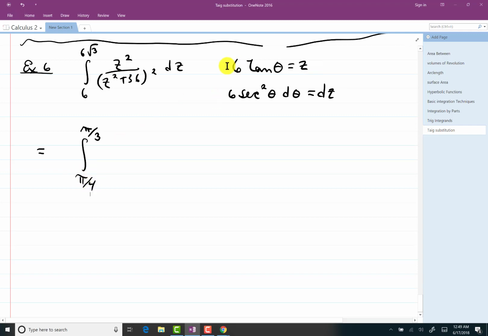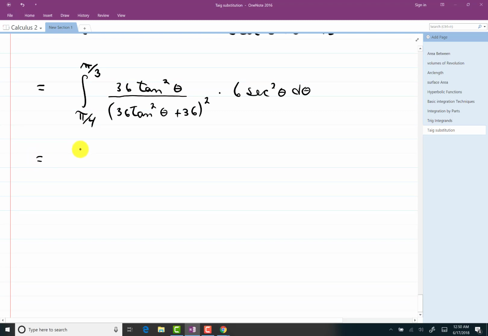Now let's plug these things into the problem itself. So instead of right here, I'm going to have 36 tangent squared of theta. Down here, the same thing, 36 tangent squared of theta, plus 36 squared. And then I got to replace my dz with 6 secant squared theta d theta.